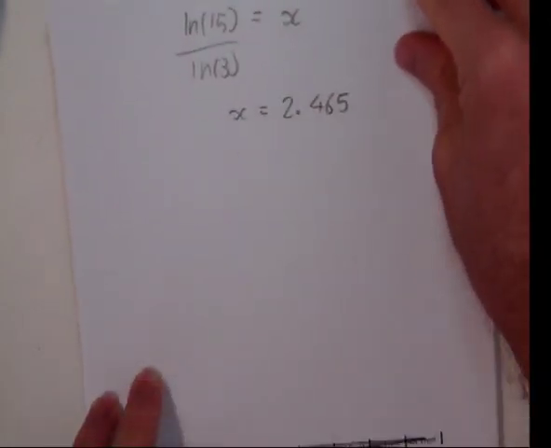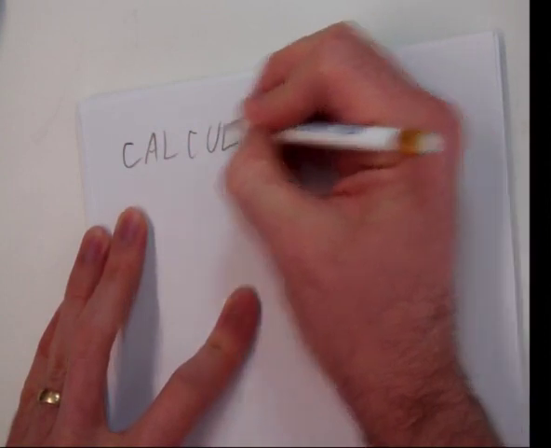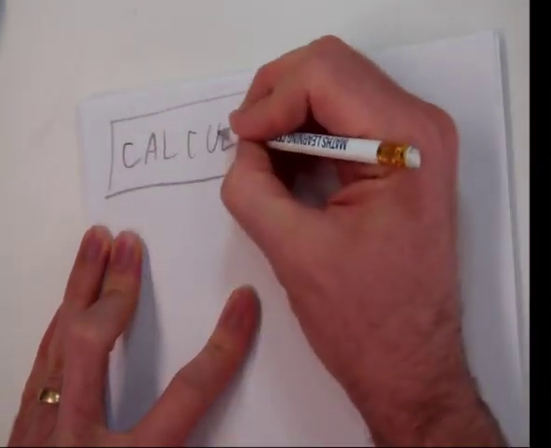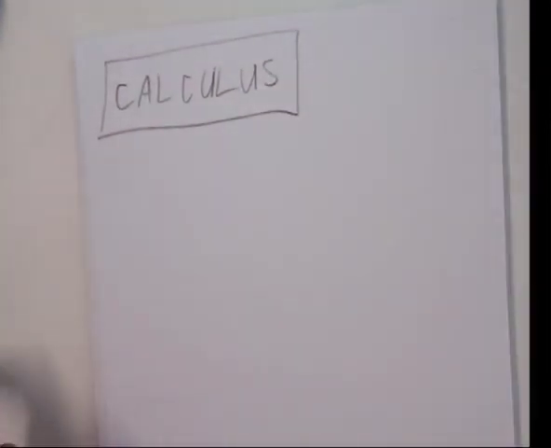The last thing that I would want to tell you is a little bit about calculus. So, calculus is an area of maths which is designed to find out information about functions.